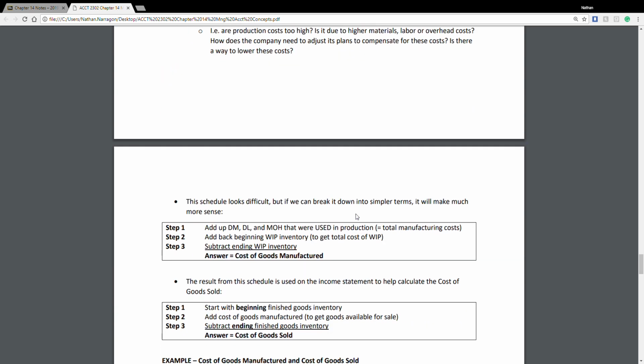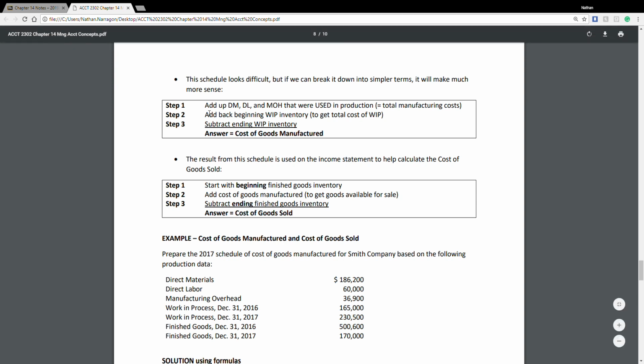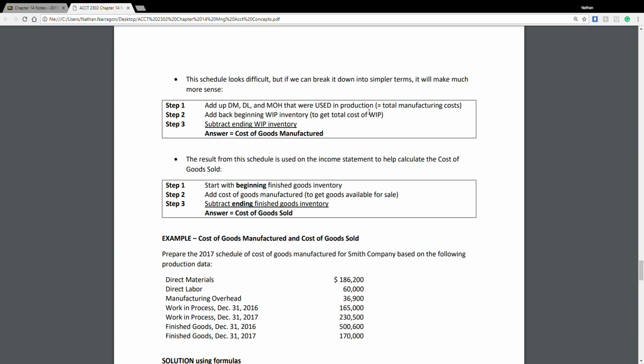Okay? So the schedule actually looks kind of difficult, but we're going to break it down so that it makes a little more sense. We have a 3-step process to get to cost of goods manufactured. One, we add up direct materials, direct labor, and the overhead that was used in production.